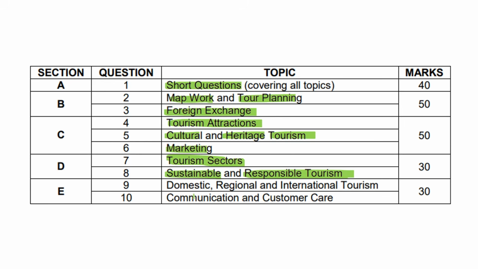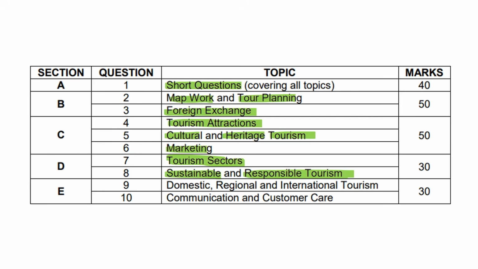Okay, question 9, domestic, regional, and international tourism. So you can expect questions here on global events that have international significance, political situations and unforeseen occurrences, forms of payment when traveling internationally, foreign market share, and statistics regarding inbound international tourism. We've done a lot of questions like that on the channel.